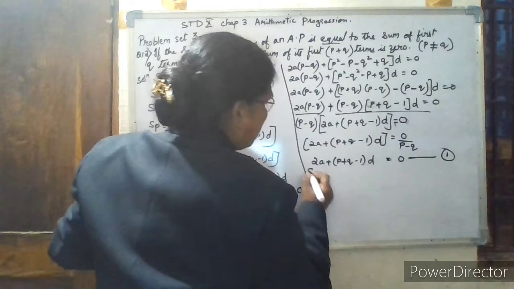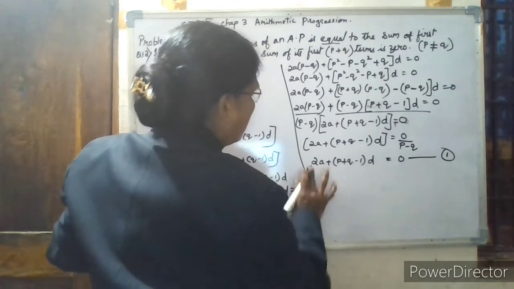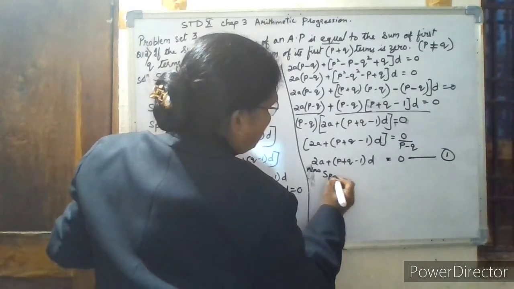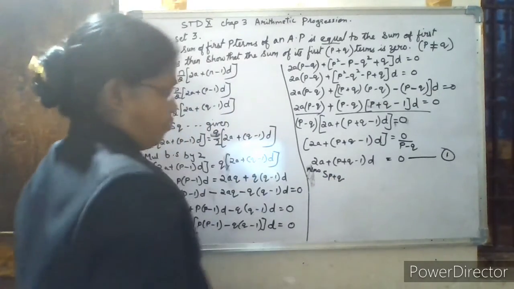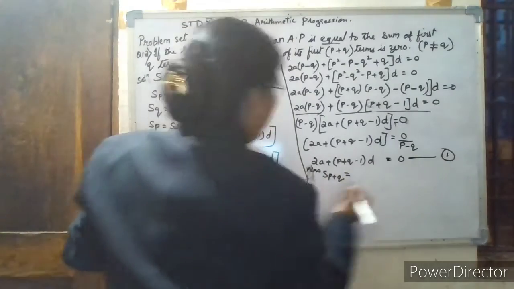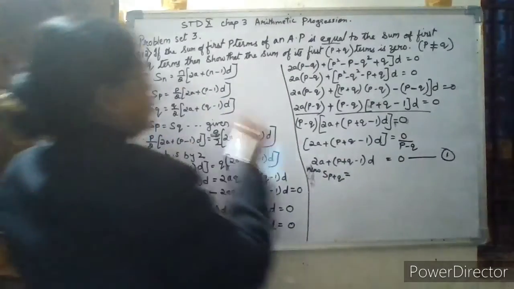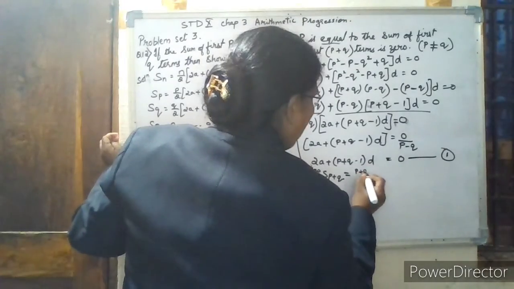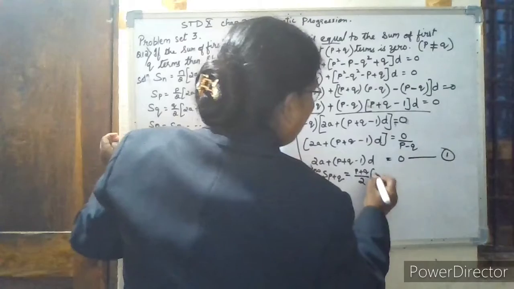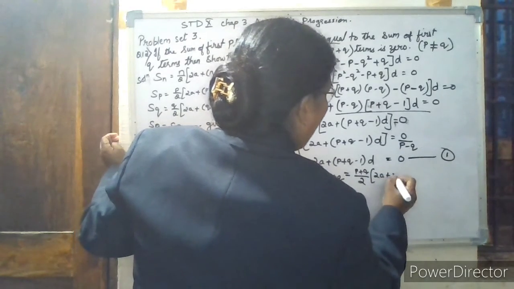Now, the sum of p plus q terms. Here n is equal to p plus q. So take the sum of n terms formula, that is equal to p plus q upon 2 into 2a plus n minus 1 into d.